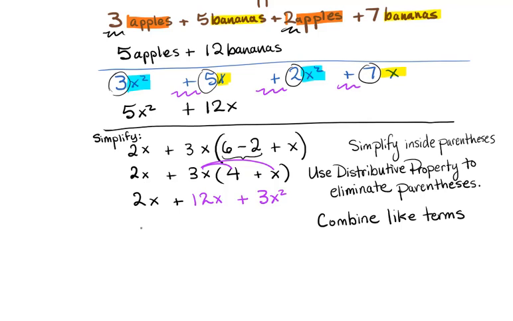When you combine like terms, you look for the terms in between plus and minus signs that look the same. So the x with the x, and the 3x squared doesn't have any like terms. So that means that we have 14x plus 3x squared. Now you might be thinking, I'm done. I don't have anything else to do.